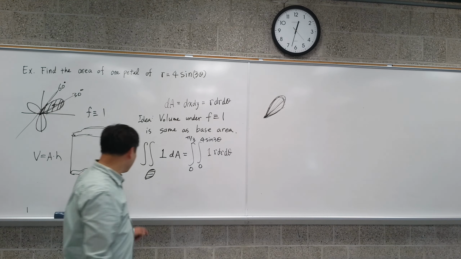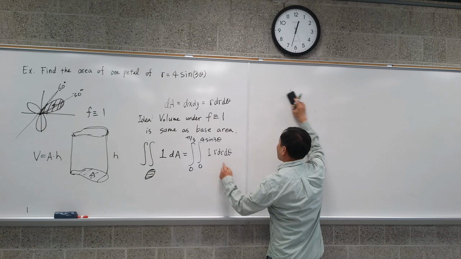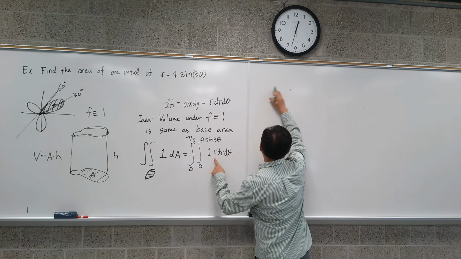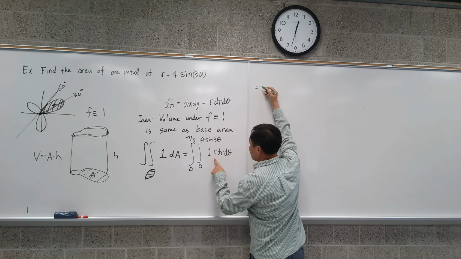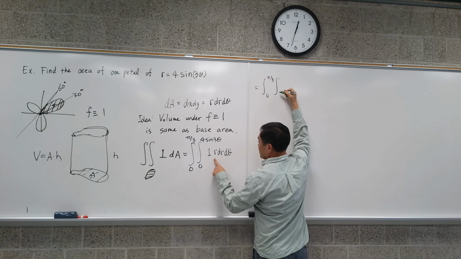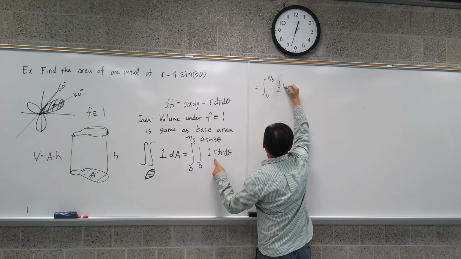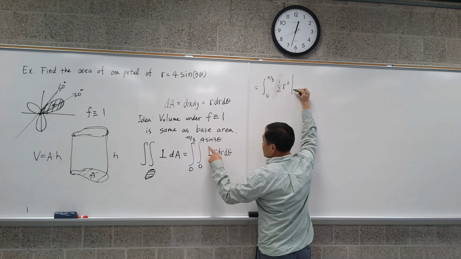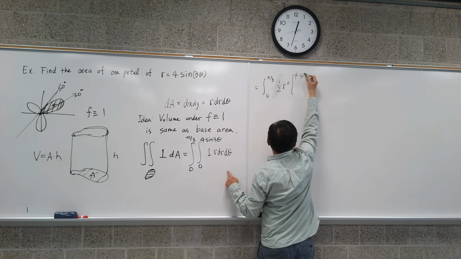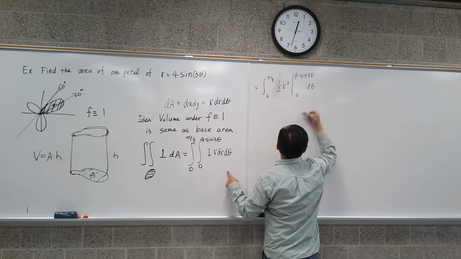The initial integral is quite simple because you're integrating 1 times r, which is r, right? If you integrate r, you just get 1/2 r squared. And to it, you're plugging in 4 sine 3 theta and 0, d theta.